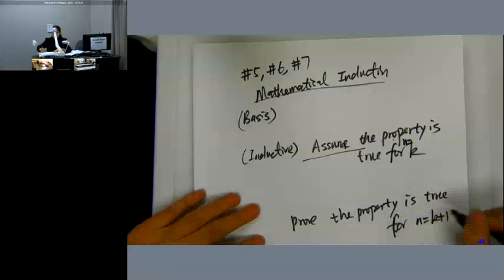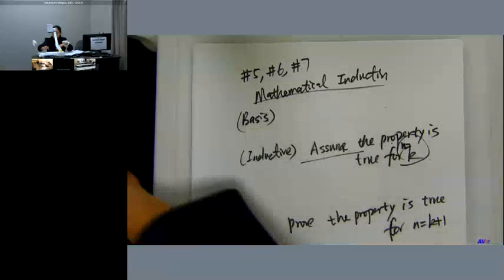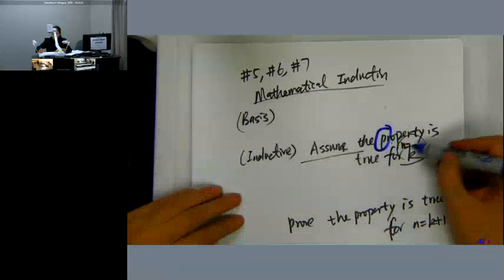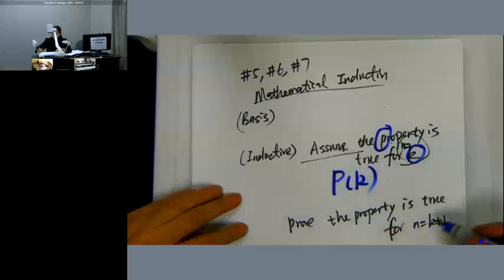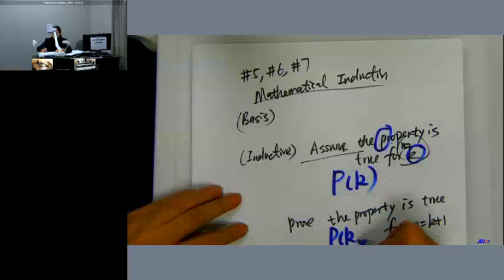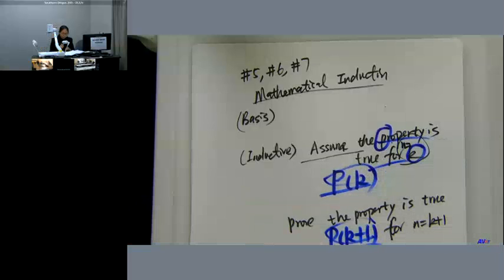Some of the students use P of k. P is the first letter of property, k is k. So sometimes we say, assume P of k is true and prove P of k plus 1 is true. If you like those symbols, you can, but you don't really have to use them. P of k means the property is true for n equal to k.